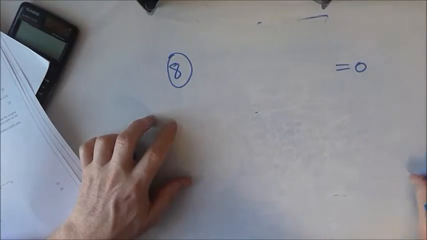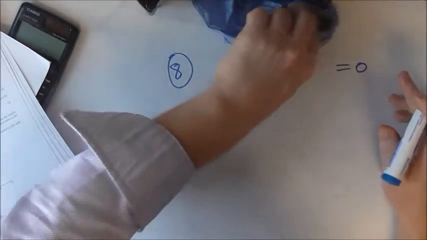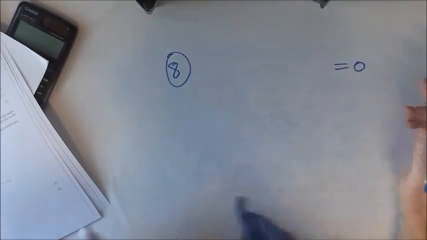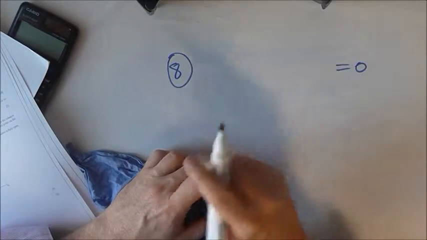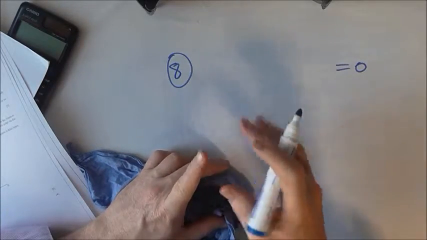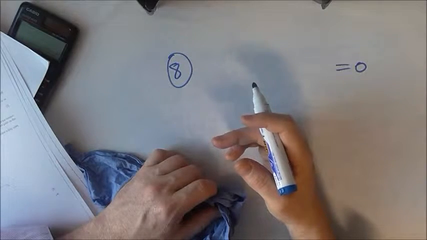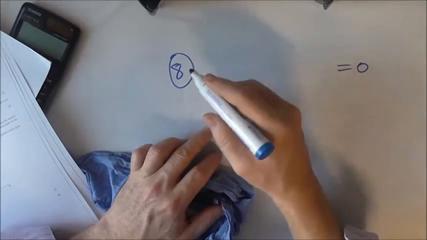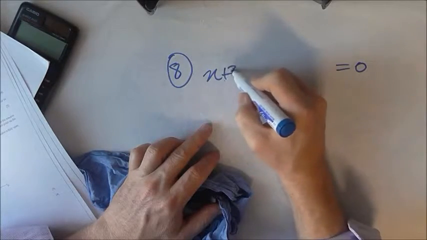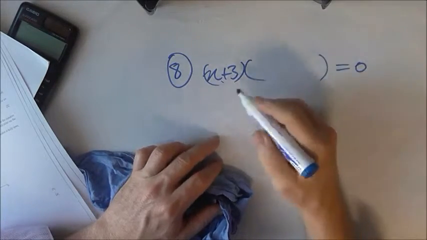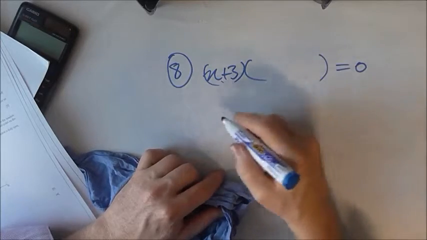Well, equations that give 0 are super sweet to have a product on the other side, because the only way to get a 0 out of a product is if one of the ingredients of the product is 0. So it'll be super sweet if I fully factorise this. So I know it's x plus 3, so what could it be multiplying by? Well, I'm just going to do a division.